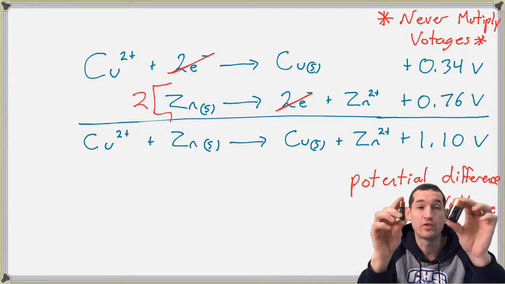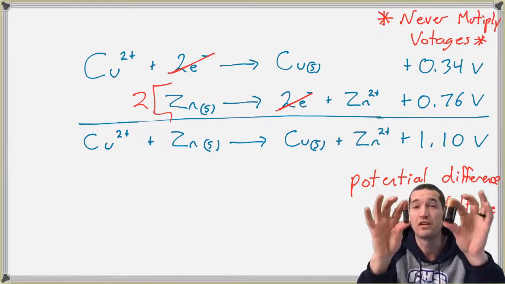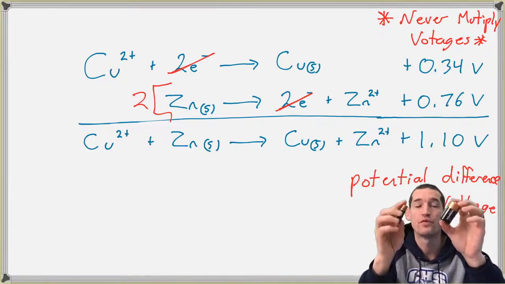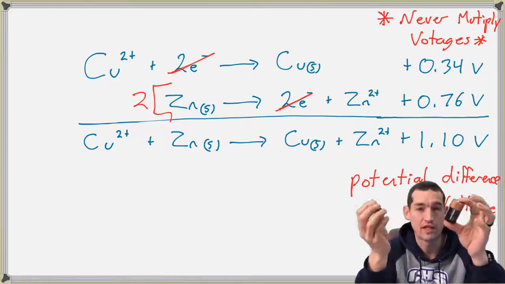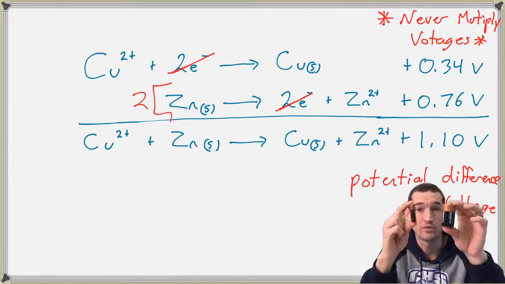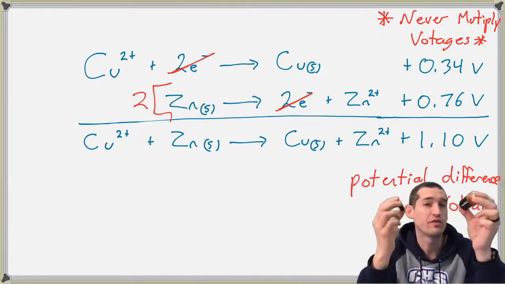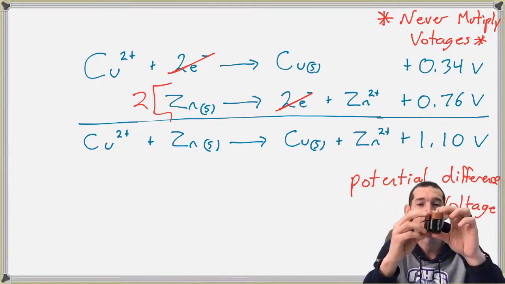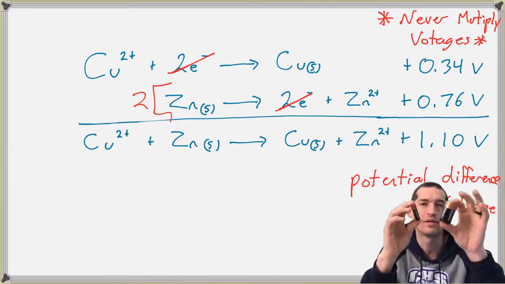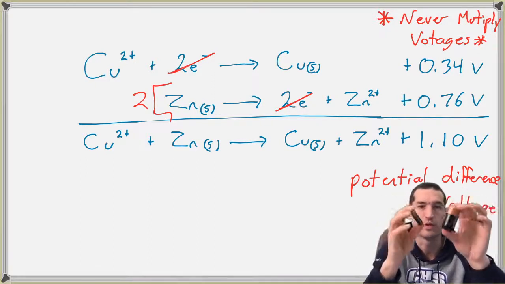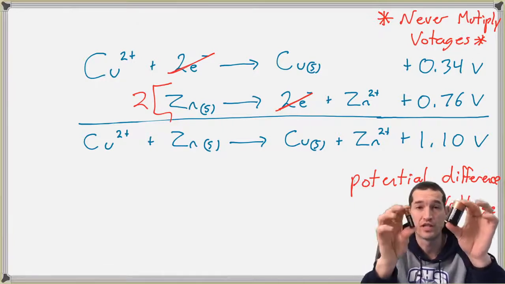The only difference between these is how much stuff is in there. So if you were to hook this up to a flashlight, or you hook this up to a flashlight, there's no difference in the amount of voltage they produce, but this one's going to last a little bit longer, and it might be able to produce more amperage, which you don't need to worry about. But the voltage will stay the same.